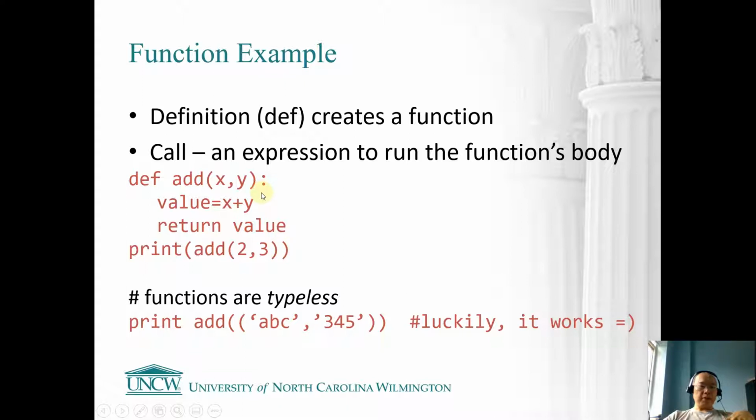And here is an example. If we want to define a function called add, we take two parameters, x and y, add x and y together, assign that to value, and then return the value.